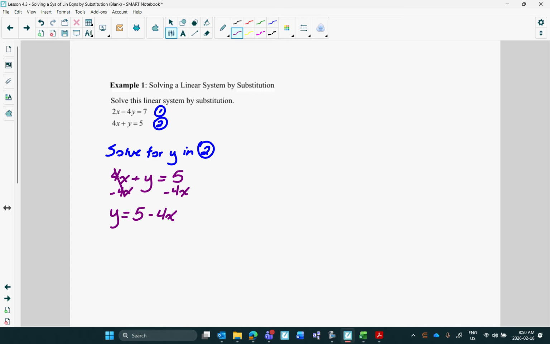Okay? Now that we've got that y, plug it in for y into the other equation. Because then you're going to make an equation that has all x's, which you can solve.